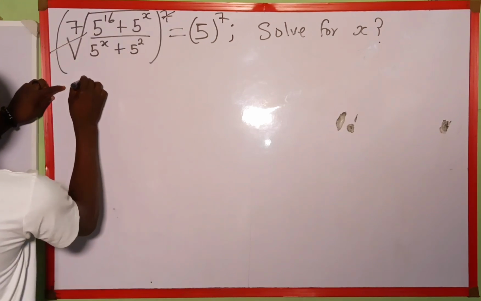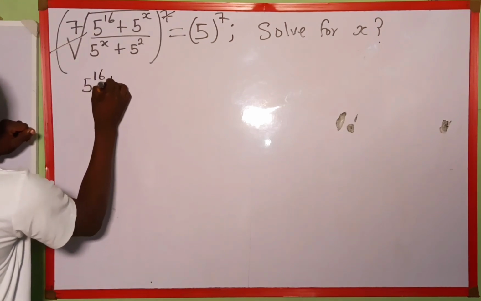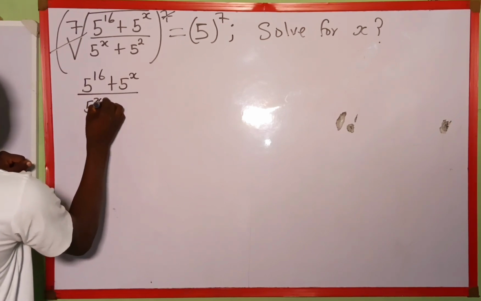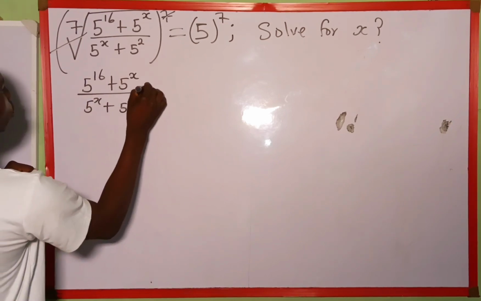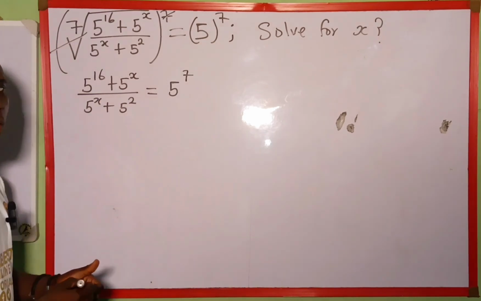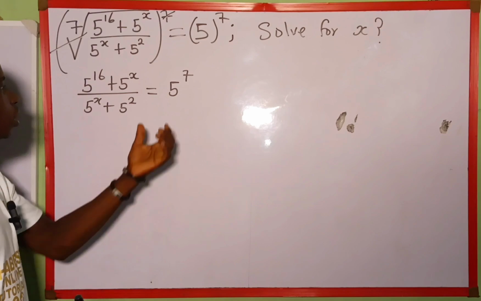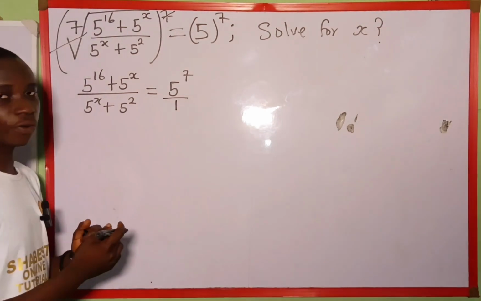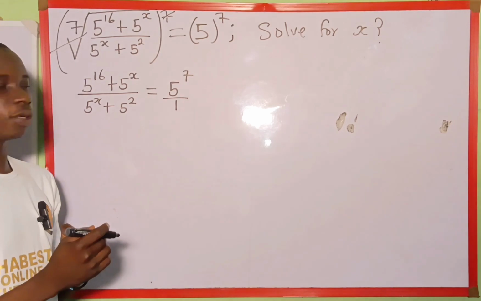So we are left with what? 5 to power 16 plus 5 to the power of x divided by 5 to power x plus 5 to the power of 2, which is equal to 5 to the power of 7. Now the next thing we are going to do is this 5 to the power of 7 can also be written as 5 to the power of 7 over 1 for easy cross multiplication.